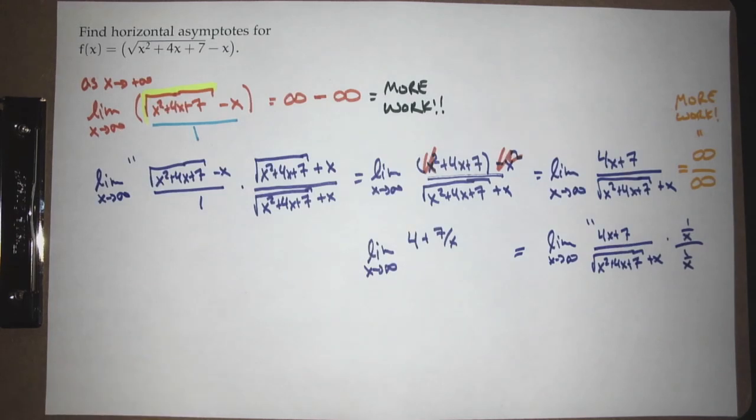Now I'm going to pause here and say we're basically in the end game now. Because that numerator is in the sweet spot. What is the numerator going to do? The 4 plus 7 over x. What's happening to that? Well, the 7 over x is getting smaller, but the whole thing is going to be 4.